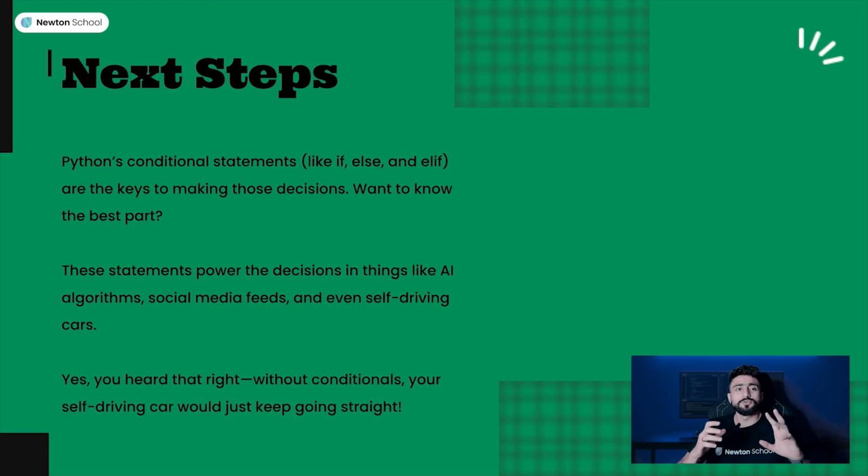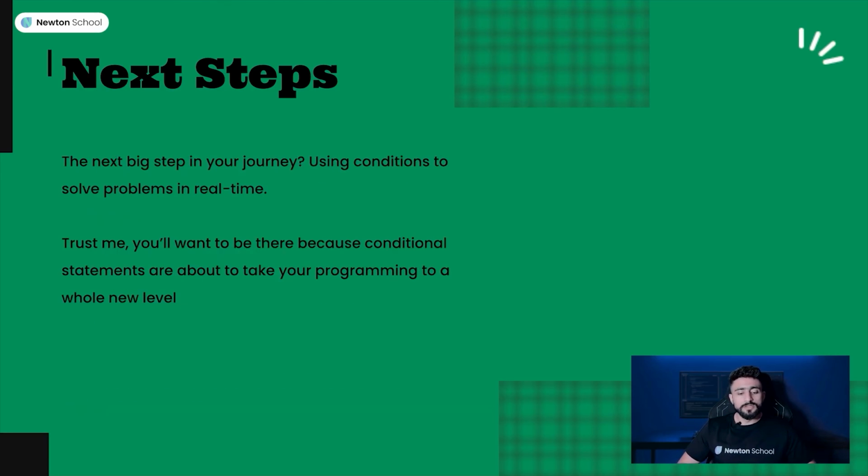If your age is more than 18, you should be allowed, or if your age is not relevant to that particular voting, you should not be allowed, right? So that's where conditional statements come into the picture. In the next steps, we'll be learning about conditional statements, which are very important to take decisions in a program, right? So now you are going to enter the next big step of Python.